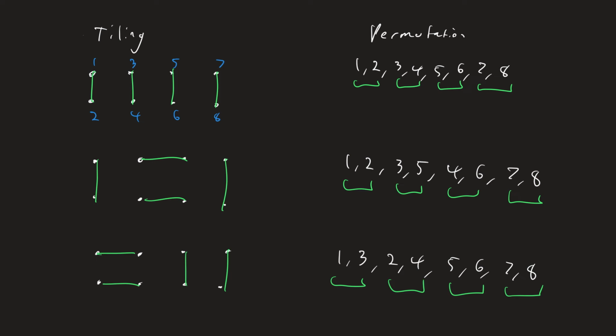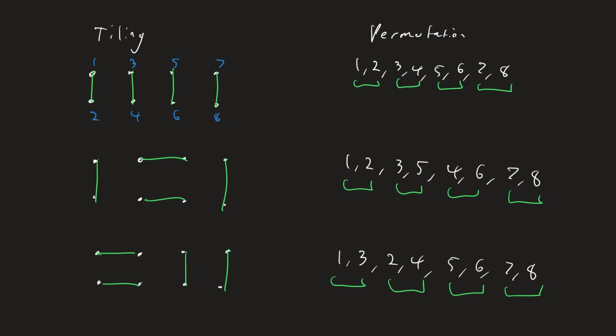It should now be intuitively clear that any tiling can be represented by a permutation satisfying the ordering rules we described before. Now, some permutations satisfying the ordering rules might not correspond to a valid tiling. For example, if we had a permutation where we needed a tile to go from 1 to 4, that's clearly not possible.